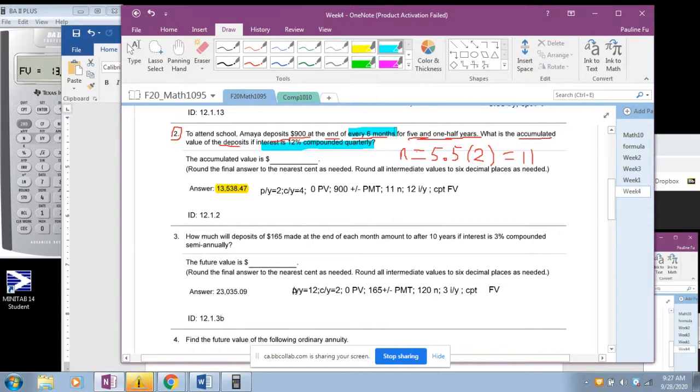Kaylan, if you make a deposit every 6 months, in 1 year, how many deposits do you make? You put money in the bank every 6 months. In 1 year, how many deposits do you make?